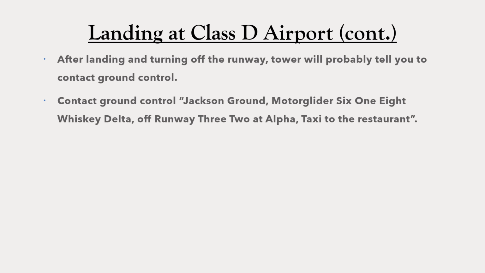That's who you're talking to, who you are, and where you are. You just turned off runway 32 on taxiway Alpha, and then you tell them what you want to do, taxi to the restaurant.